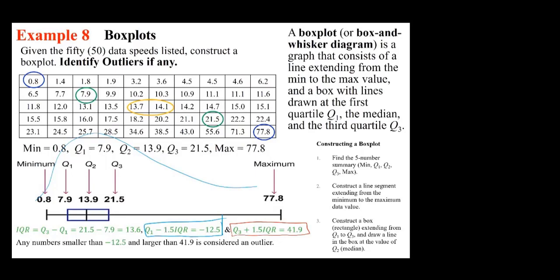So all you have to do is look at your data, and you see you don't have anything less than negative 12.5. So look at 41.9, and clearly 43 is larger and everything after that. Therefore, they are considered as outliers.